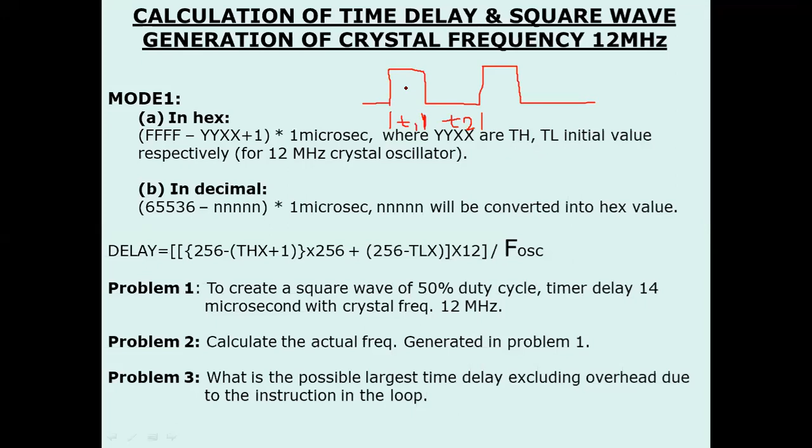What will be the duty cycle? Everyone is muted. So T1 plus T2 by T. Anyone? So T1 by T2. Good.